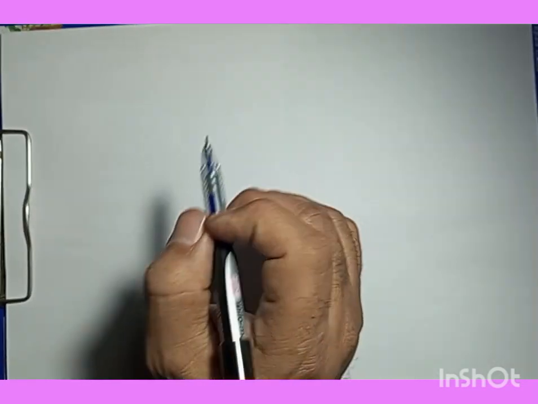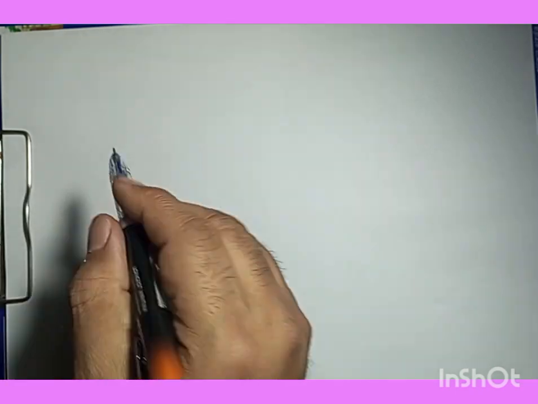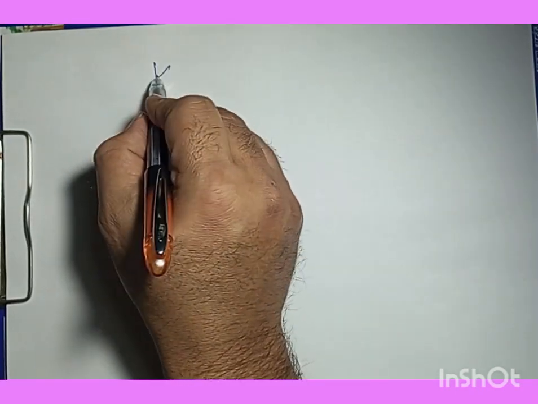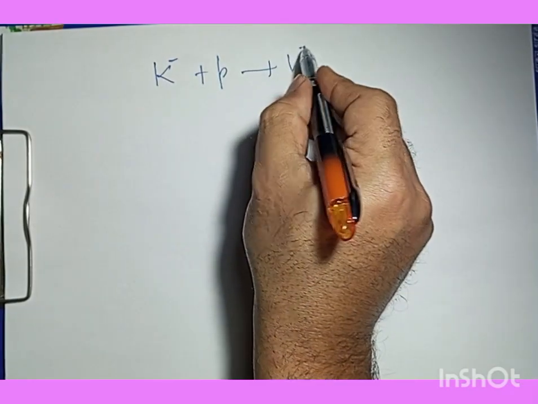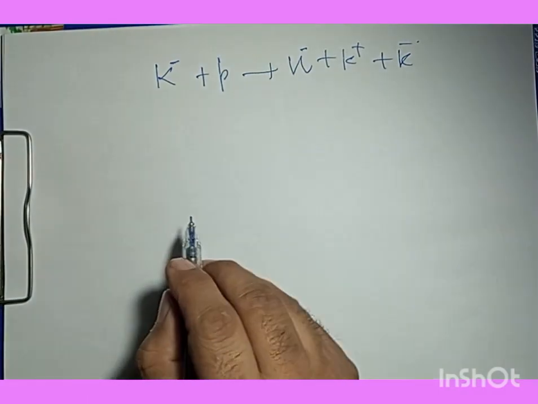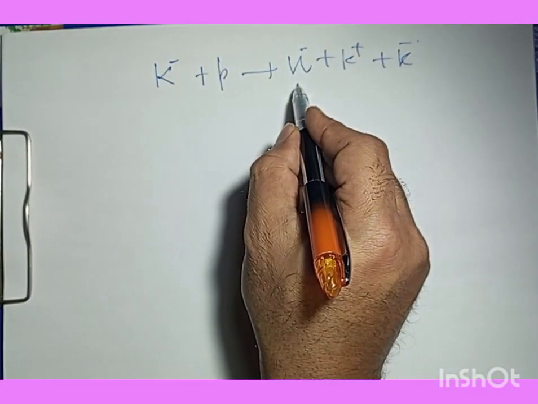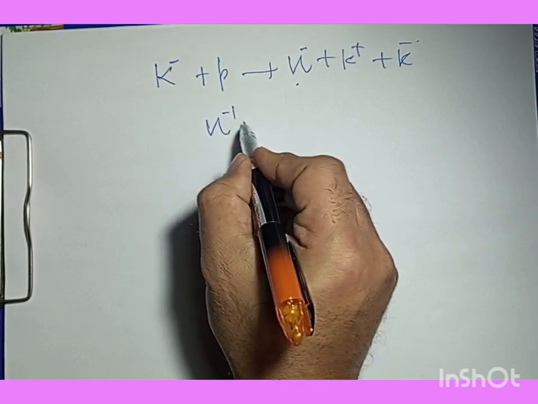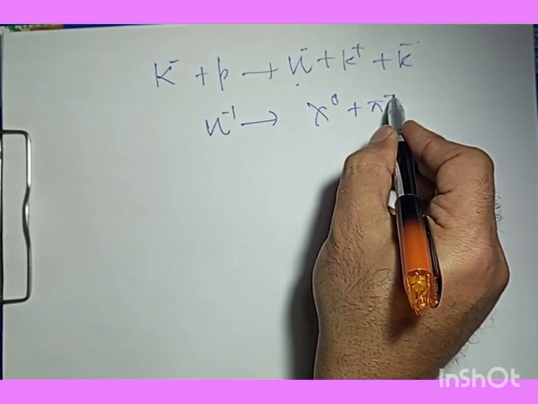Now, talking about the discovery of this omega hyperon, to write down the reaction, we have K minus and a proton, it gives omega minus and K plus and K minus. And this omega hyperon decays into chi neutral and pi minus.